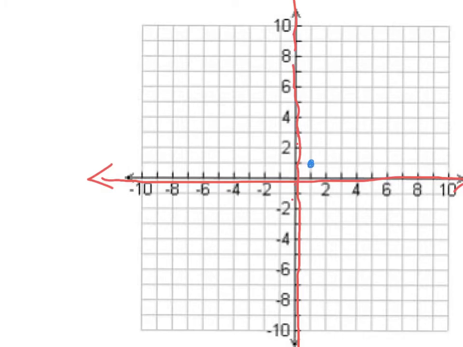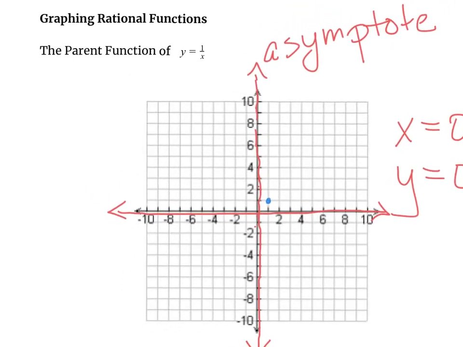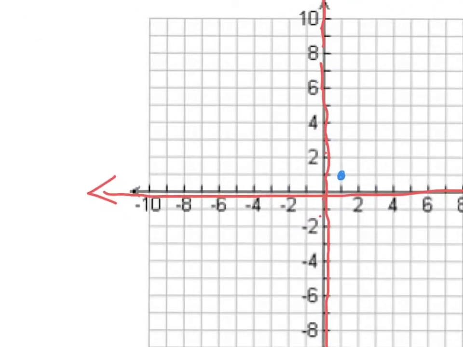There's 1, 1. If I plug in -1 for x, that's 1 divided by -1, -1. I get the point -1, -1, right here.